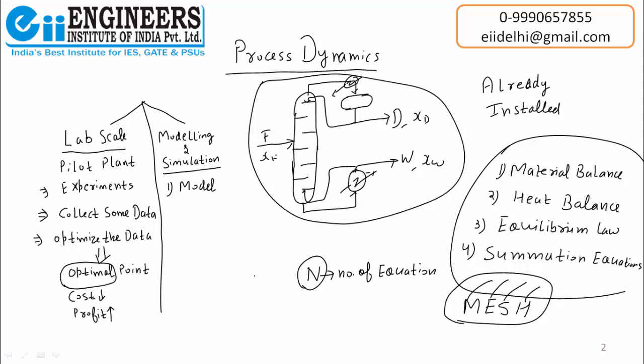MESH equations. And when we have a number of equations, let us say there are n equations, now what will we do? We'll count the number of variables. Let m be the number of variables. And the number of variables minus the number of equations will give us the degrees of freedom.